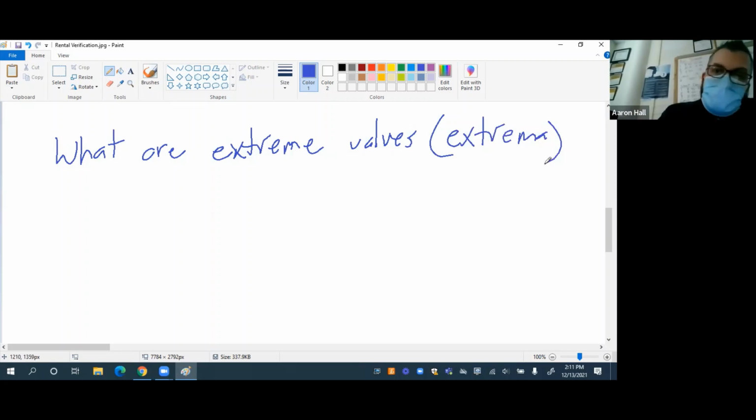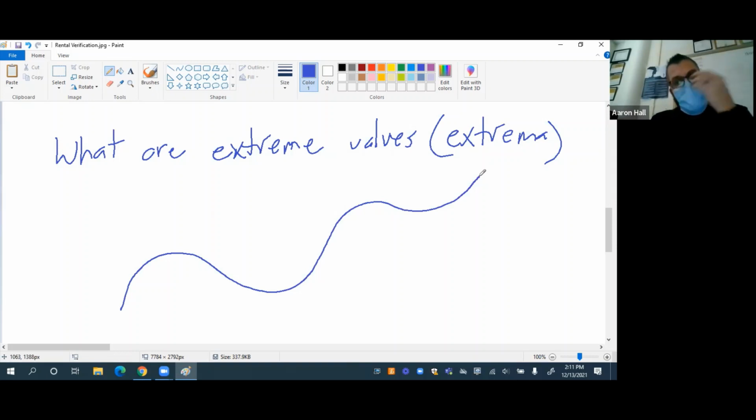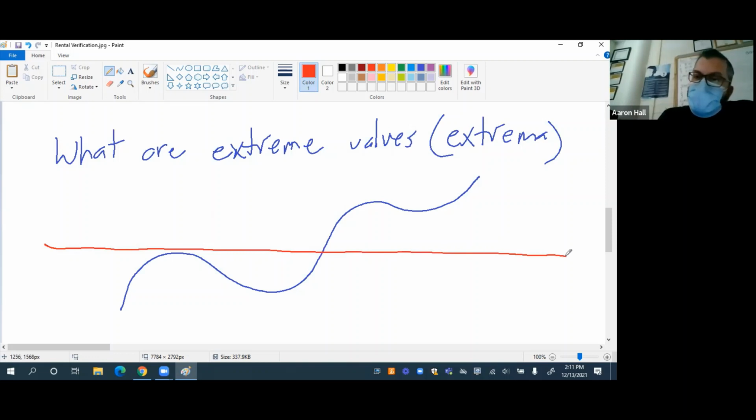Well, consider a graph like, I don't know, like this. And these have a lot of different values along it. In fact, there are infinite values, since this is a continuous line. And we could say something in between here would indicate all the y values that are more or less average, right?